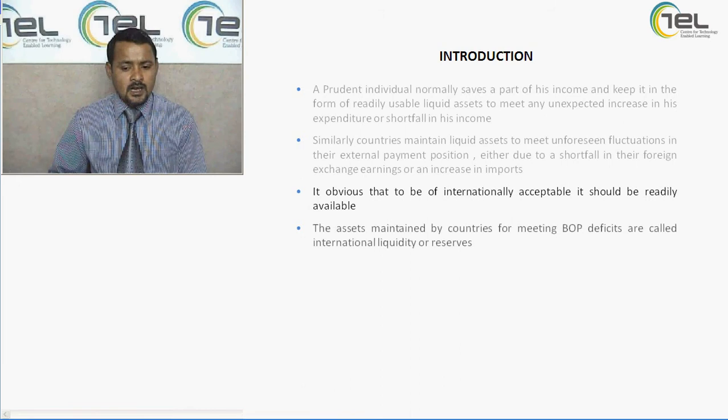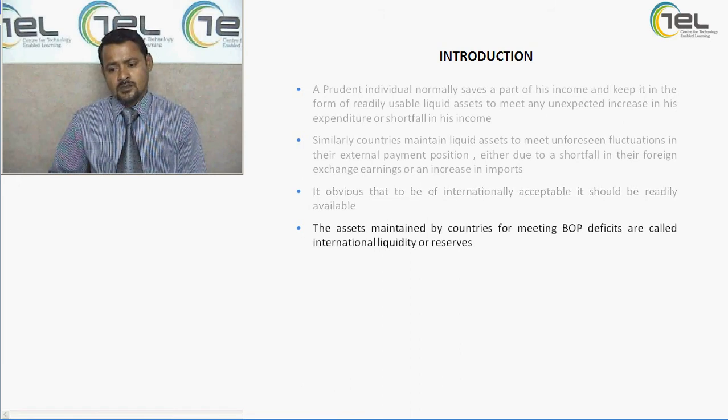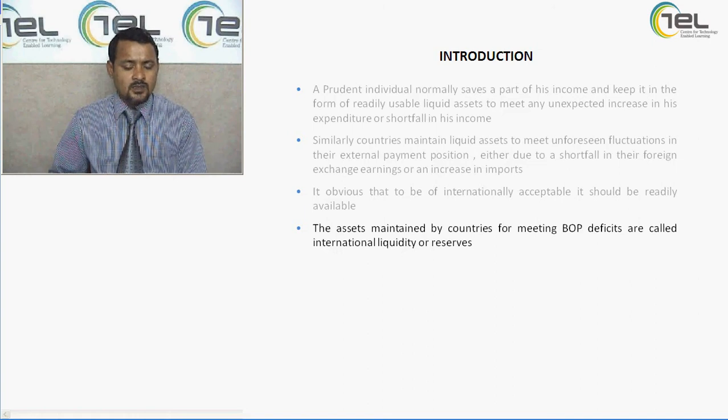Assets for meeting balance of payment deficits are called international liquidity or reserves, which are a must for each and every country to be accountable in the international community and to keep good international relations under WTO and GATT principles.